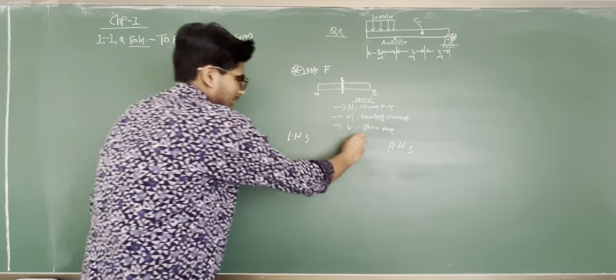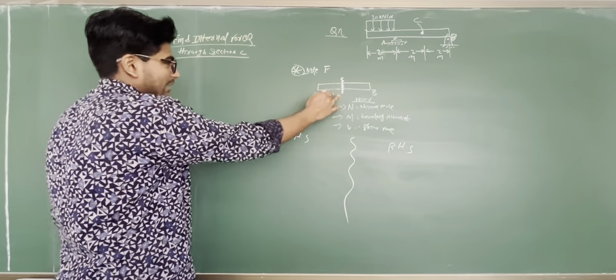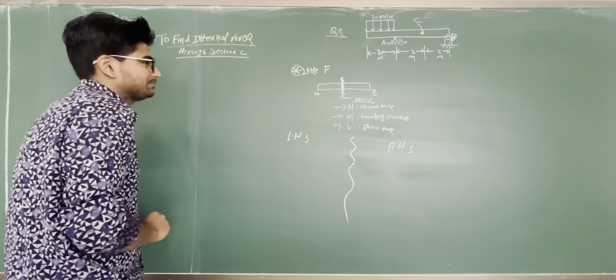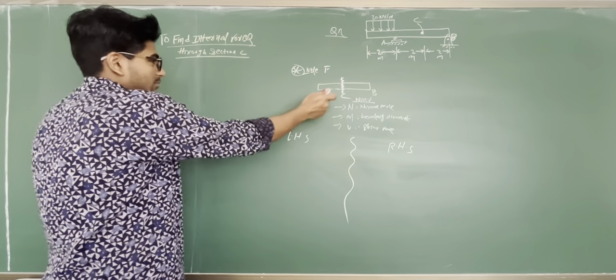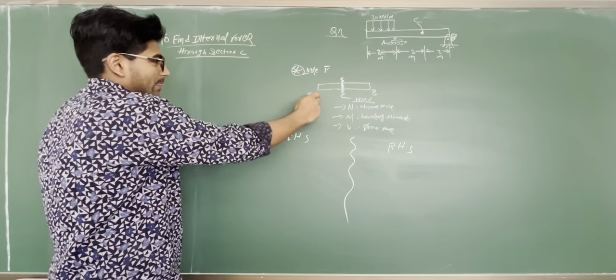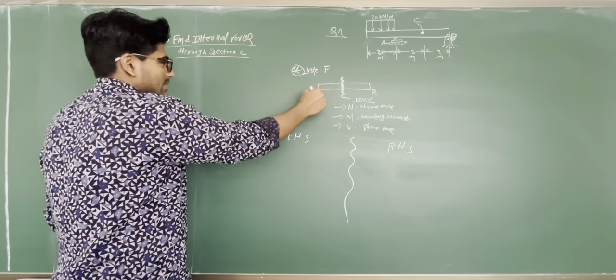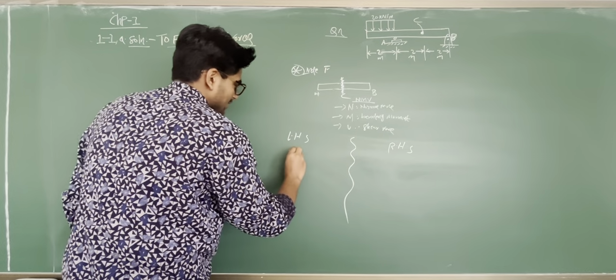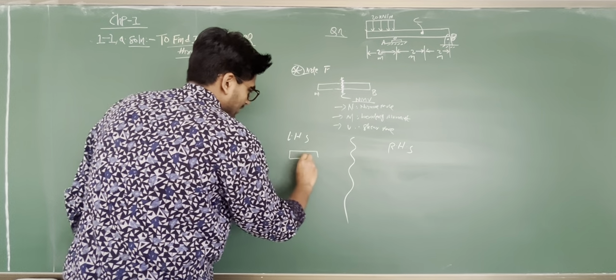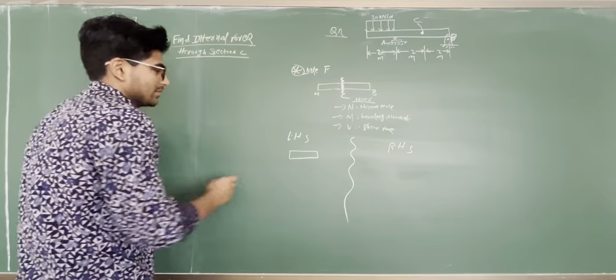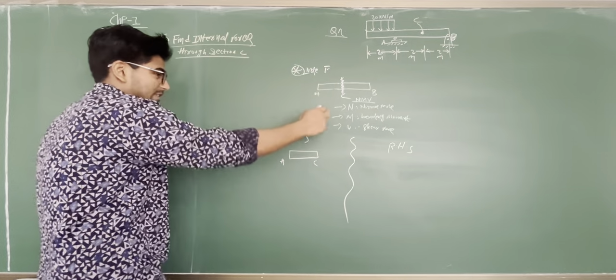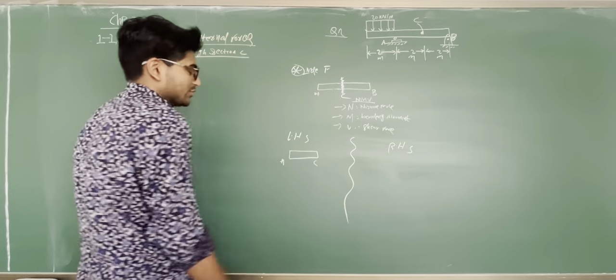Suppose I take this point as C, and this point A, and the left hand side will be like this, A and this point C. If we cut this section, we have three forces over here.